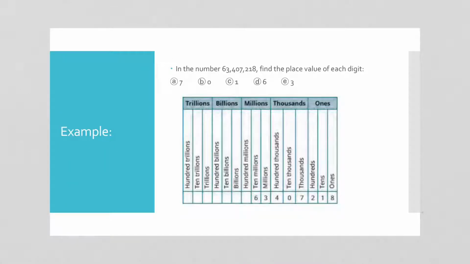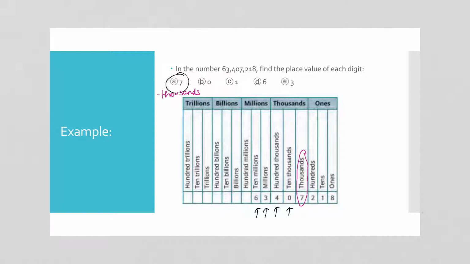All right, so on this number, we're going to identify the place value of each digit. And so I've listed these in the correct order. I always write it, whenever I write it, from the ones, and then I write the number to the left. And one number goes in each place value. All right, so we are looking for 7. 7 is right here. And so you would say that 7 belongs in the thousands.